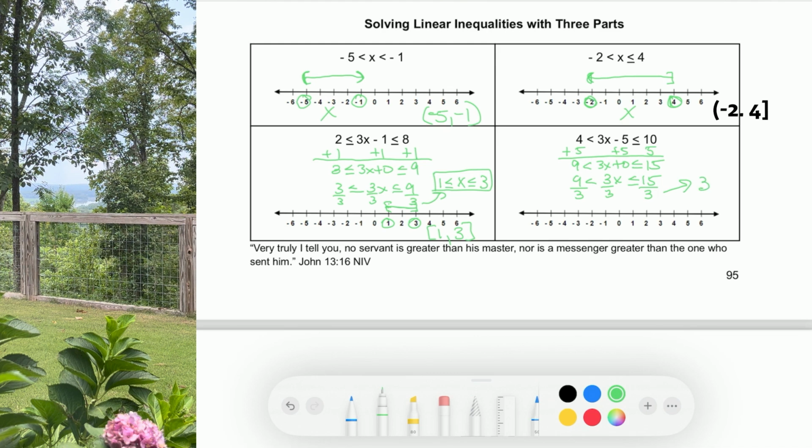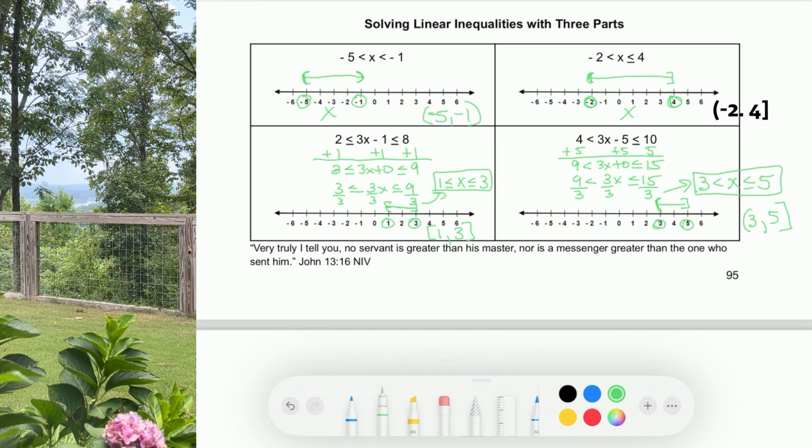So I end up with 3 less than x less than or equal to 5 when I simplify. Find the 3 and the 5. The inequality attached to the 3 is just a less than, so it's going to be a parentheses. The 5 has a less than or equal to, so it's a bracket, and then I connect them. So our value of x is in between there and including 5. Our interval notation would be a parentheses, 3, comma, 5, bracket, because the 5 is included.